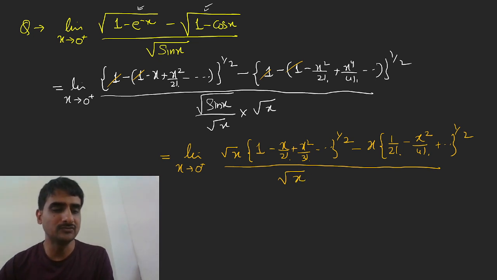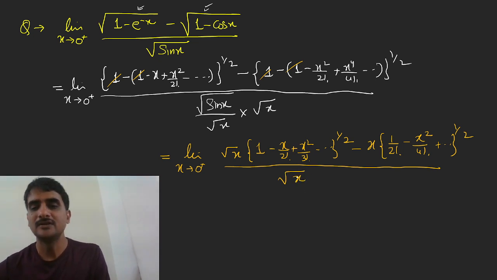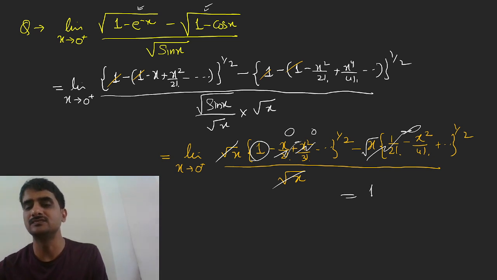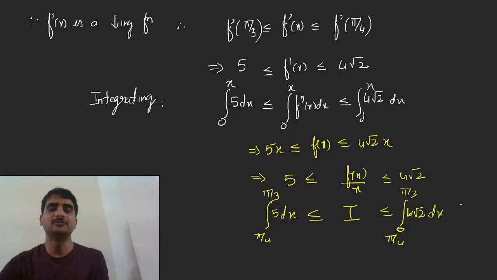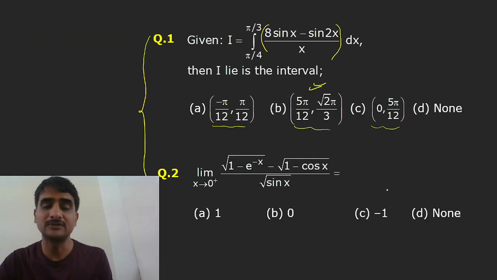Now just take root x common from everywhere. So this and this get cancelled. You are left with x. And when x approaches 0, everything else goes to 0 except this one. So the answer should be 1 here. Okay, so those were two questions from calculus for today, bachcho.